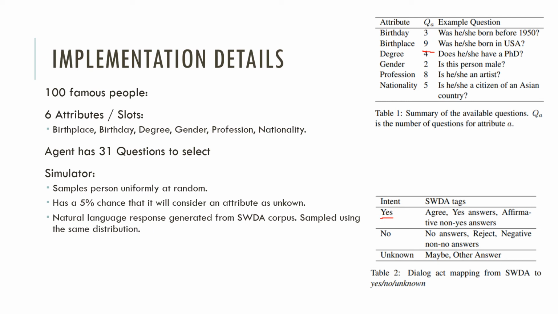And the frequency with which these utterances appeared is sampled according to the same distribution that is found in the SWDA tags. So if a word appears more frequently in the SWDA database, then it's more likely that the simulator will respond to the spoken dialogue system using that natural language utterance.